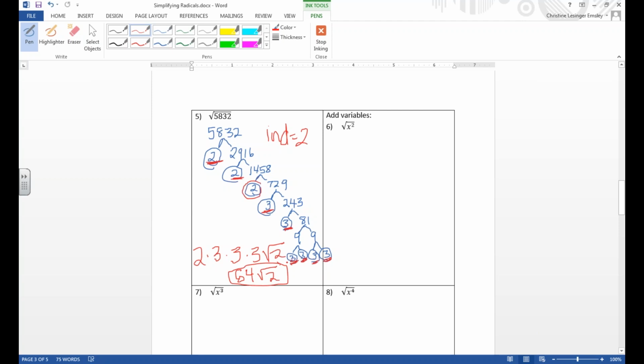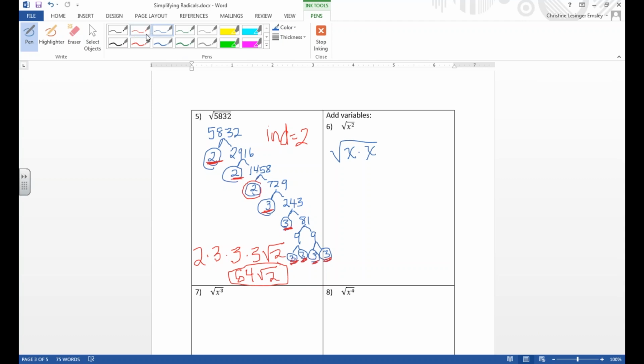Okay, so in these examples so far, we've only had values, constants. We want to throw some variables in the mix. Procedure is really very similar. We don't necessarily call it the prime factorization, but we're doing the same kind of thing. Here, let me change my color. X squared is the same as x times x.